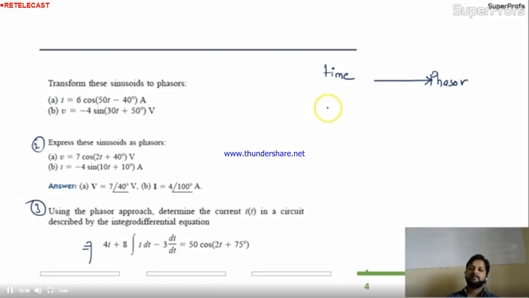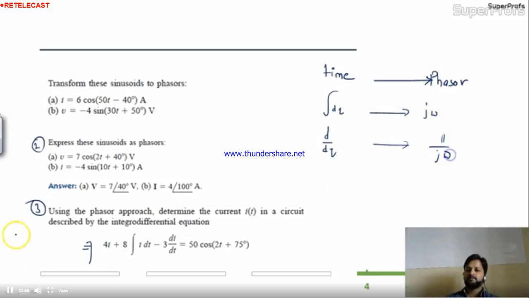In the time domain, the differentiation is represented by j omega in the phasor, and the integration by 1 by j omega. Sorry, I think I was wrong over here. For integration, you will use 1 by j omega. For differentiation, we will use j omega. Correct?